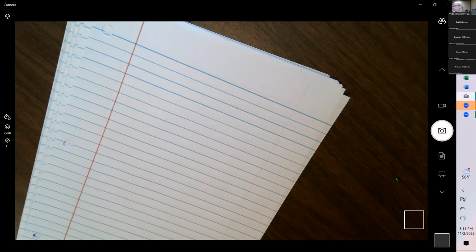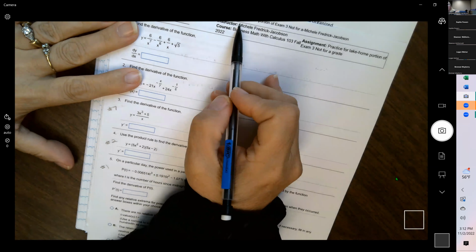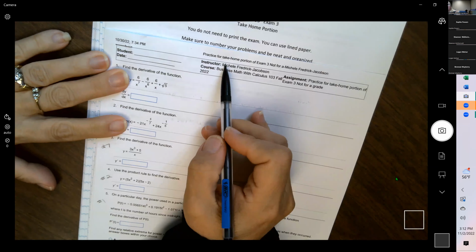On the take-home exam, I wrote what numbers they're similar to. Like if you go to the My Math Lab, the take-home portion. This one is similar to number 5. This just means derivative.